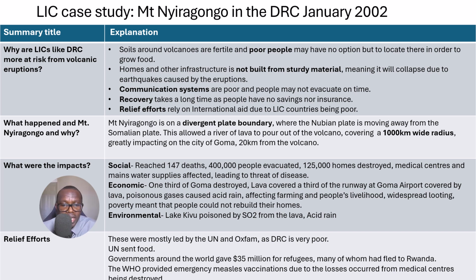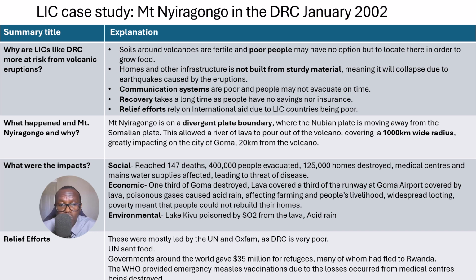Okay, and then the second reason why they are vulnerable is because their houses are not made from very sturdy material, meaning that they will collapse, for example, when there's an earthquake that has been caused by a volcanic eruption, because we do know that volcanic eruptions are actually accompanied by earthquakes as well. Then the next reason why they are vulnerable is because their communication systems are poor.